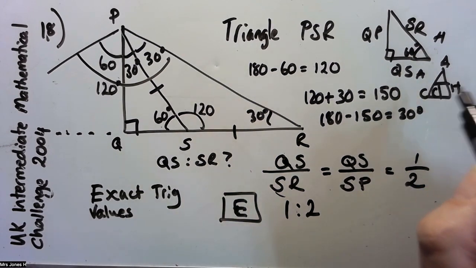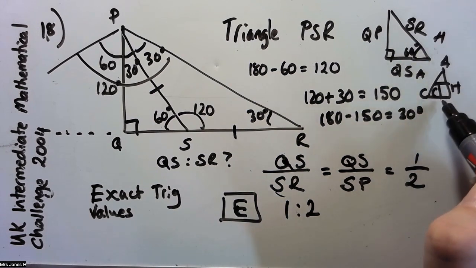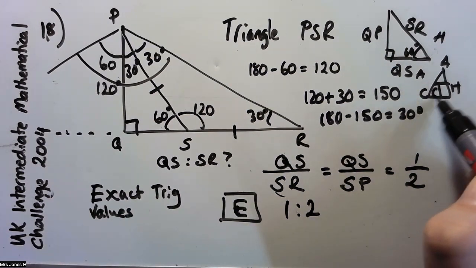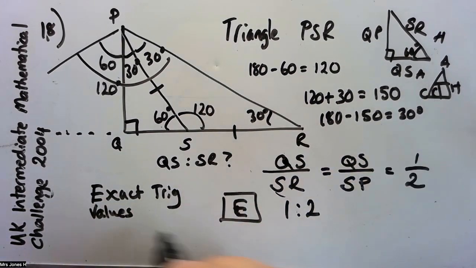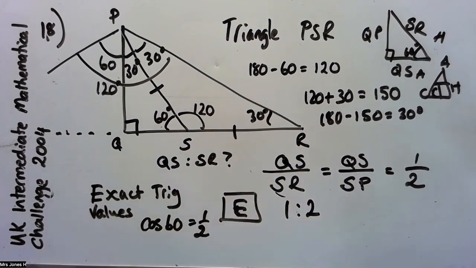So we're looking at trying to find out the ratio. So cos 60 is here. And cos 60, because this is the angle that we're talking about, is a half.